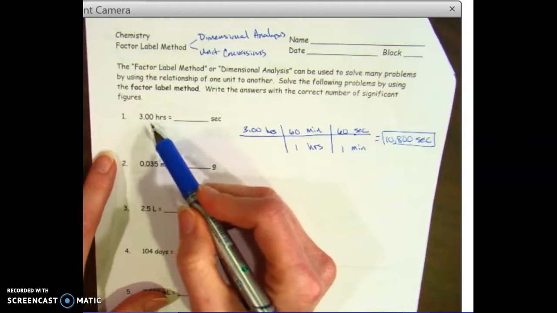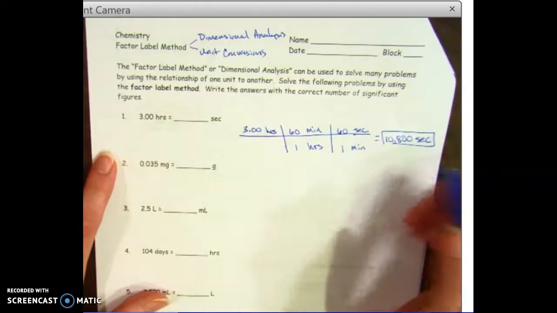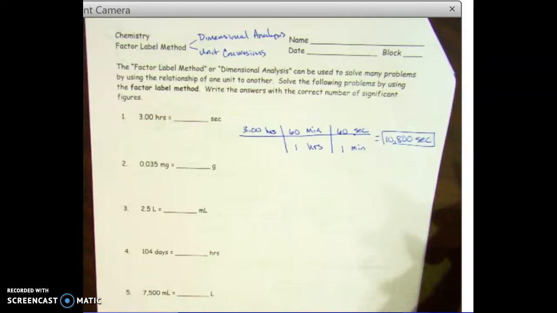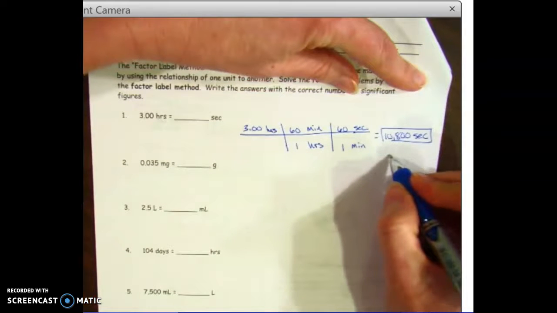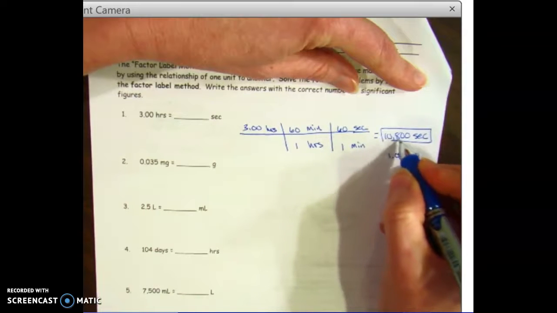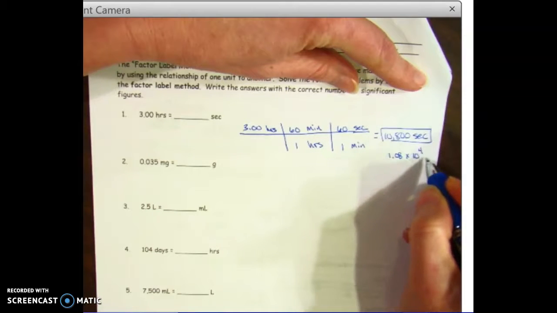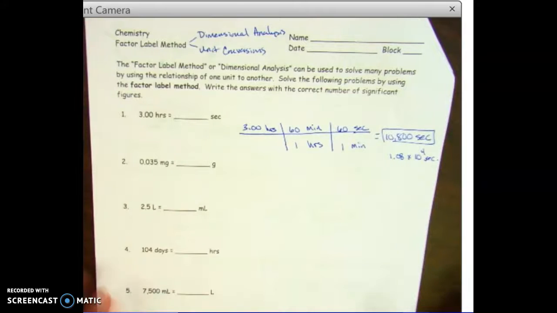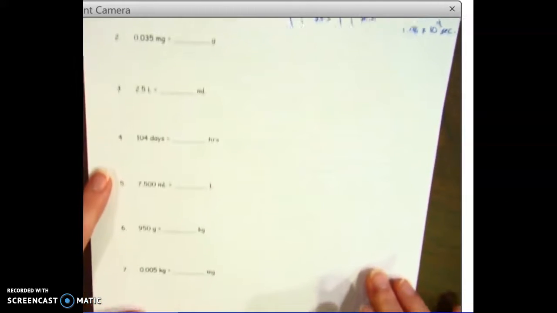In this case, 3 sig figs. So I have 3 sig figs in this number. You could also put this in scientific notation. It would be 1.08 times 10 to the 4th seconds.